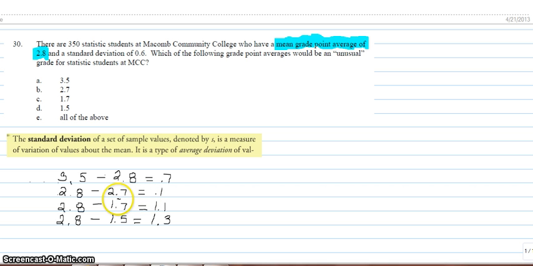The grade here was 1.7, so we had to take our mean of 2.8 and subtract 1.7. That was 1.1. Then the grade point average here was 1.5, so we had to take our mean of 2.8 and subtract 1.5. Remember, the higher the value from the mean, the more unusual it would be. 1.3 is the greatest deviation from the mean.